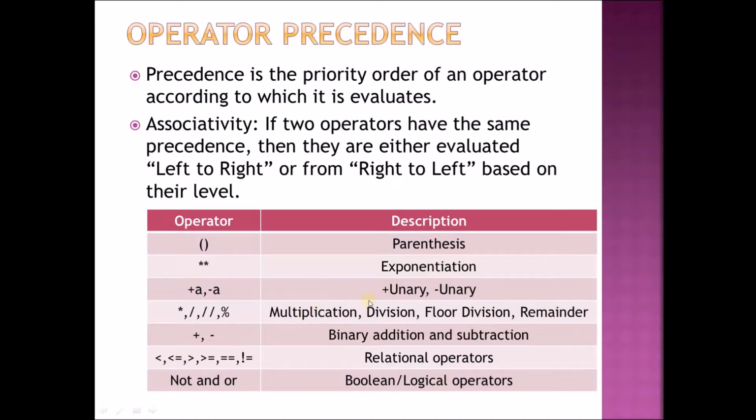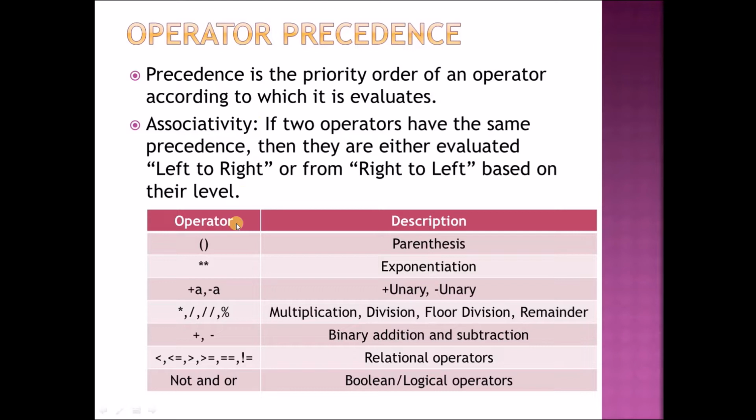So multiplication will get solved, then division, then floor division, and if there is any remainder as the answer you want, then the remainder will get solved. Then comes the addition, and then comes the subtraction. And in that expression, if you have relational operators or Boolean or logical operators, they will be solved at last. So that is precedence.